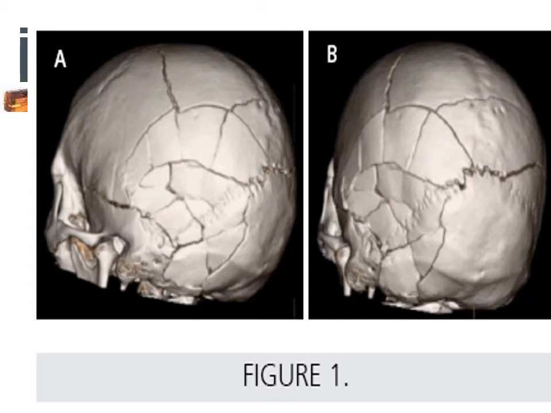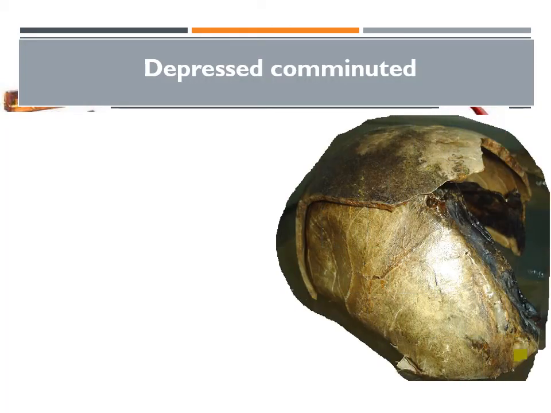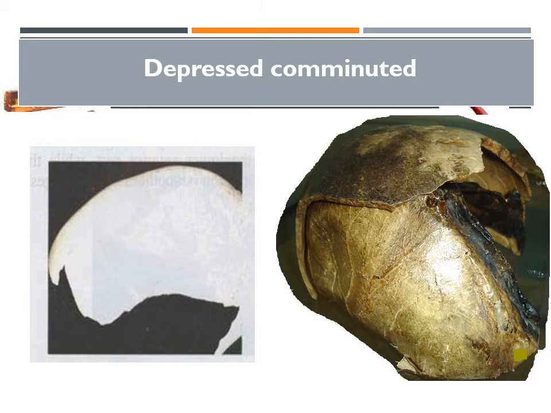There is loss of a large part of bone, caused by striking in a wide striking surface area. This is the shape of depressed comminuted fracture, complete loss of large part of skull.